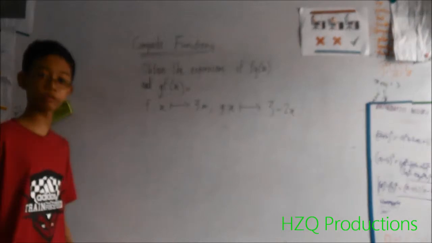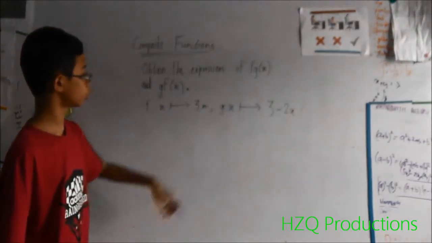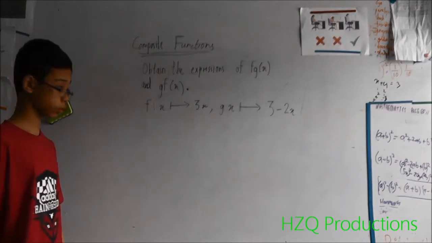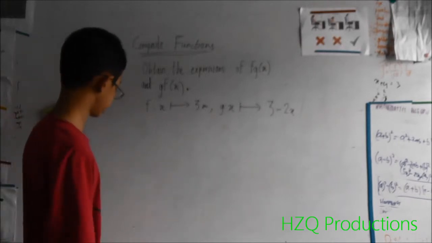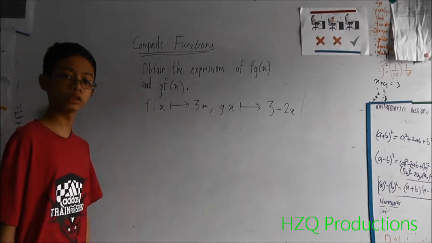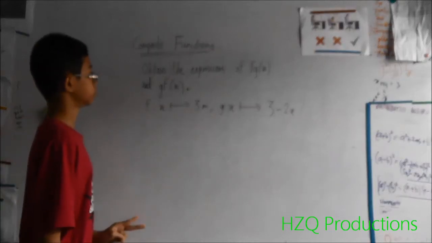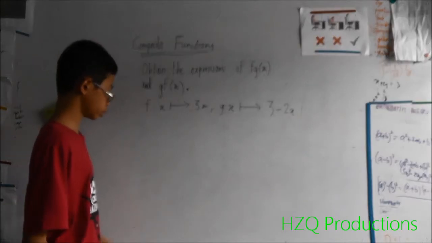And like I've said previously, don't get confused with this colon and the arrow. In questions like this, we'll need to find two answers because we have two functions. That's why it's called composite.